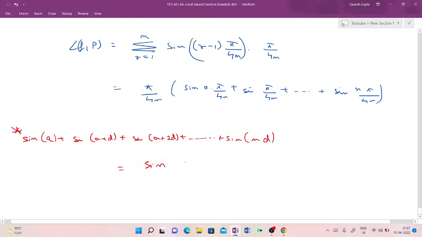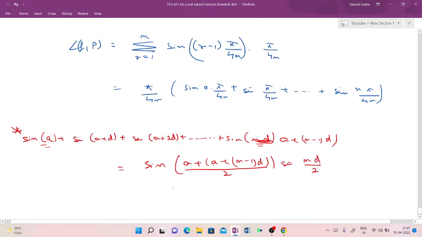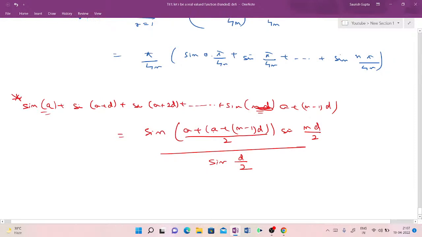You have sine of (a plus (n minus 1) times d by 2) times sine of nd by 2, divided by sine of d by 2. Clear?